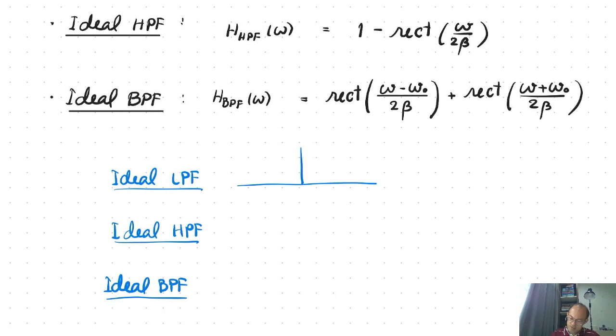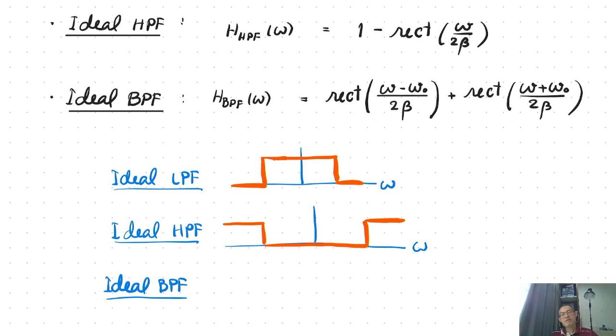It is a rectangular pulse that only lets the lower frequency components pass through. Okay, so this is the ideal low pass filter, and the ideal high pass filter is the reciprocal of the ideal low pass filter. So it is a trough here. Okay, now this is 1 and this is 1.